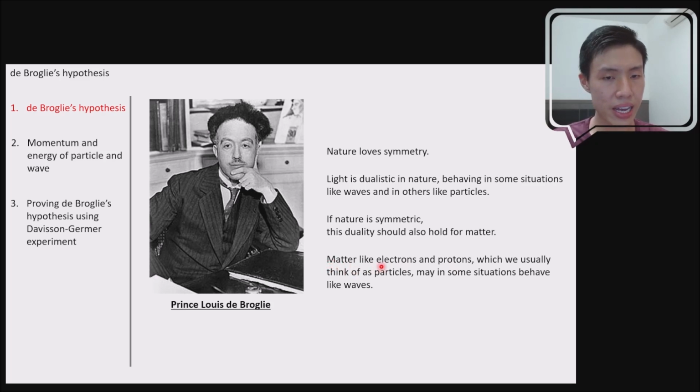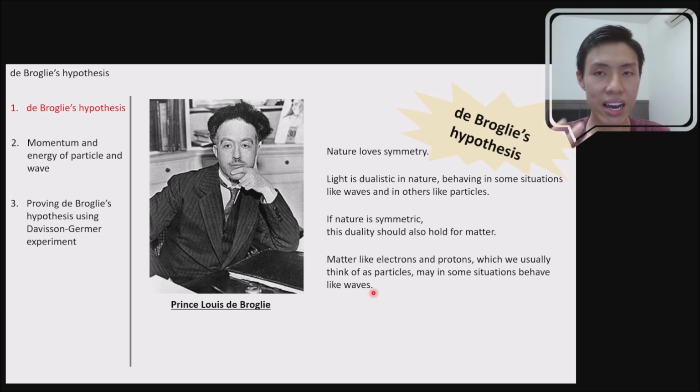He says that matter like electrons and protons, which we usually think of as particles, and which indeed are particles, may in some situations also behave like waves. Because if light that usually behaves like waves can also behave like a particle, then electrons and protons that usually behave like particles maybe can also behave like waves. This is the proposal that Prince Louis de Broglie is making. This hypothesis, or deduction, we name de Broglie's hypothesis: that matter we usually think of as particles might also have wave properties.